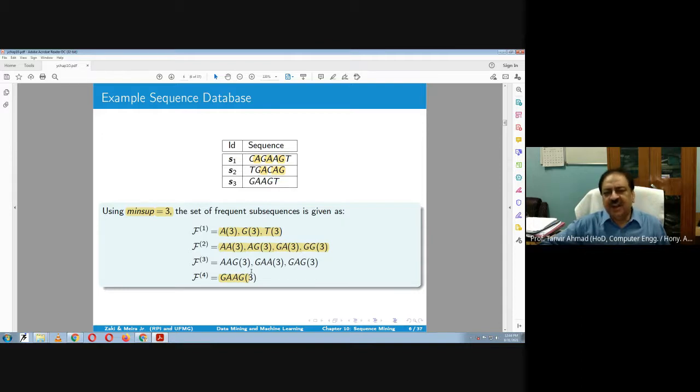But this method, what we are trying to do, is a manual method. Obviously, it cannot work for a large data set, and therefore we can apply some other algorithm by which we can try to find patterns from a big database having sequences of big size.